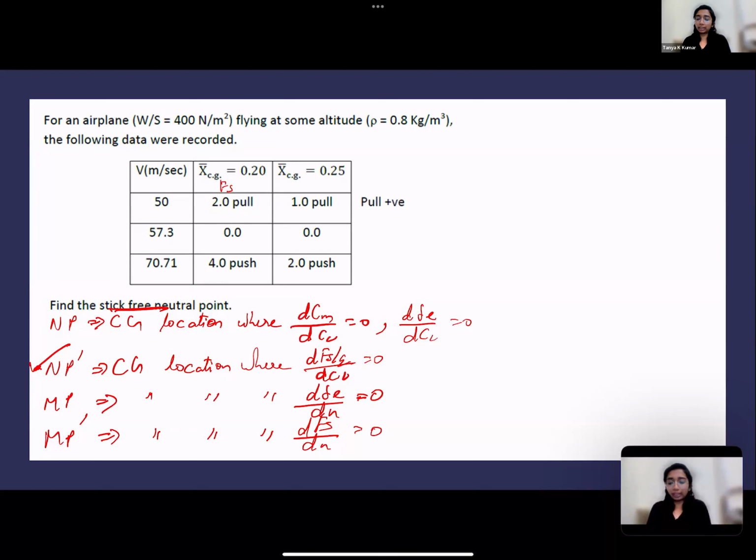You need to find dFs by Q by dCL, the point where that slope goes to 0. That is where you find your stick-free neutral point. What data are given? They've given you W by S, wing loading, density, and 3 velocity readings. At these 3 velocity readings, they've given you how much stick force is required at 2 different CG conditions. How do we proceed?